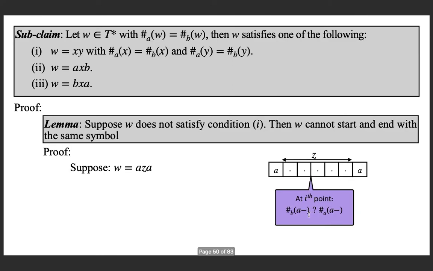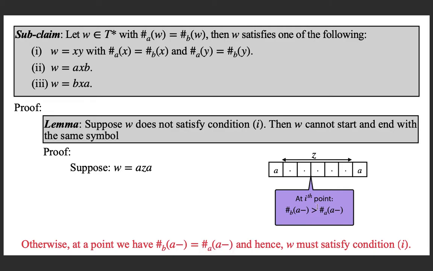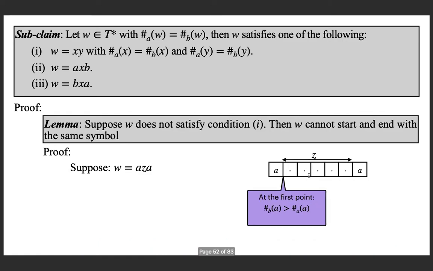Then for it to be less than at this point, there must be a point in between at which the number of A's and B's are the same. That cannot be true, since at that point you could divide it into X and Y. So it can never happen. Now here is the point that gives you the solution to this. We proved that at any point this is the case.